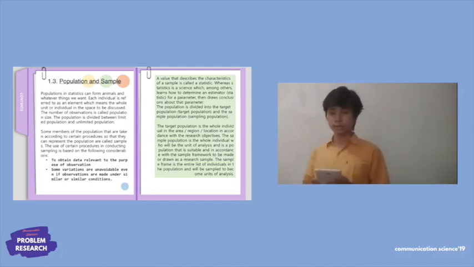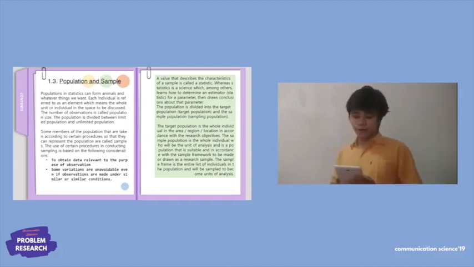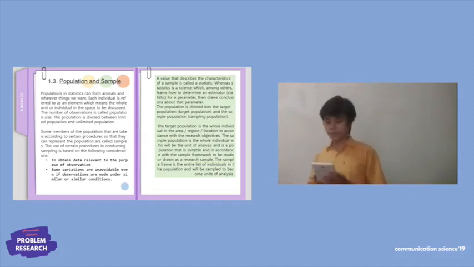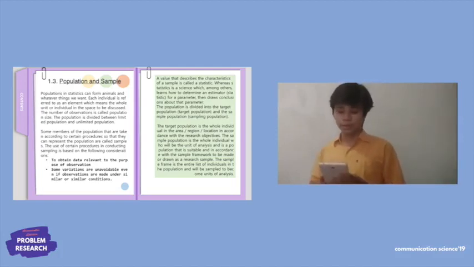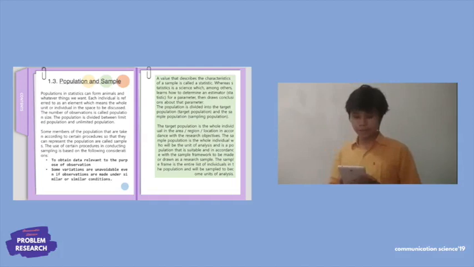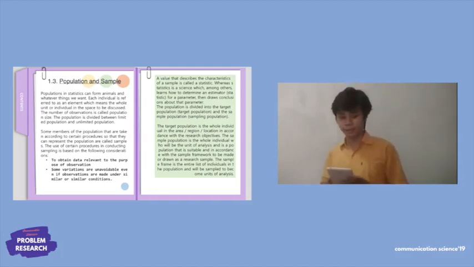Next slide. Some members of the population that are taken according to certain procedures so that they can represent the population are called samples. The use of certain procedures in conducting sampling is based on the following considerations. First one is to obtain data relevant to the purpose of observation.